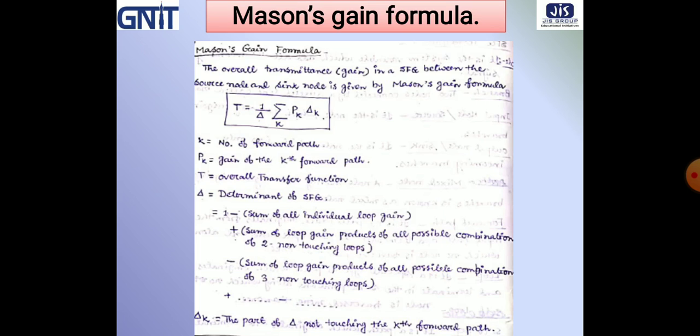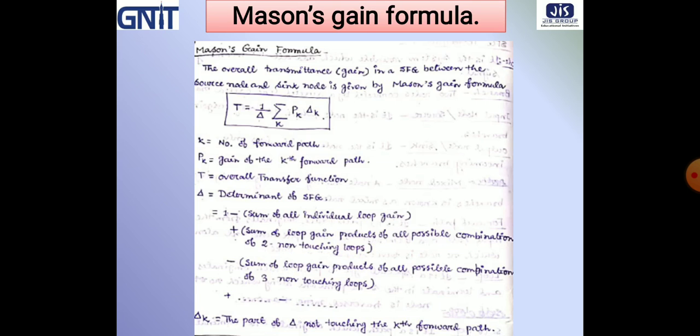Now we can calculate delta by using this formula, that is 1 minus sum of all individual loop gains plus sum of the loop gain products of all possible combinations of two non-touching loops minus sum of the loop gain products of all possible combinations of three non-touching loops plus, and like this way it will continue.